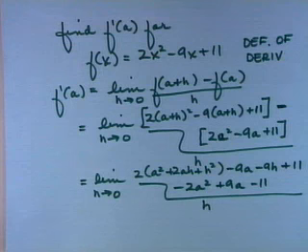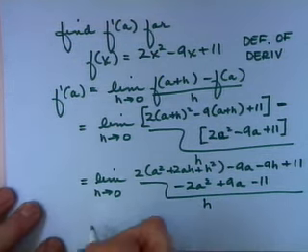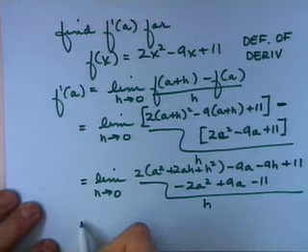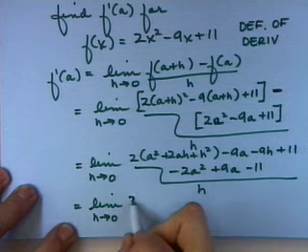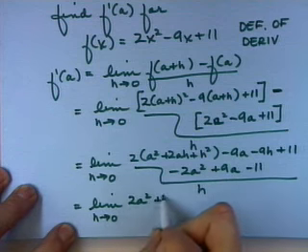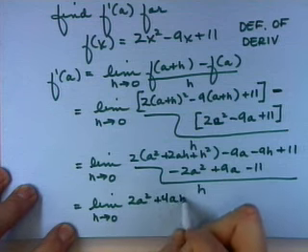So that's still all divided by h. And let's distribute. Try to get one more line here. Two a squared plus 4ah plus 2h squared.